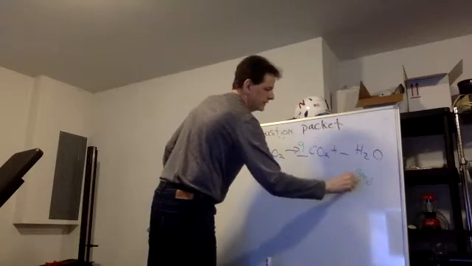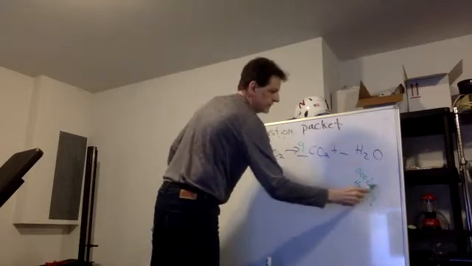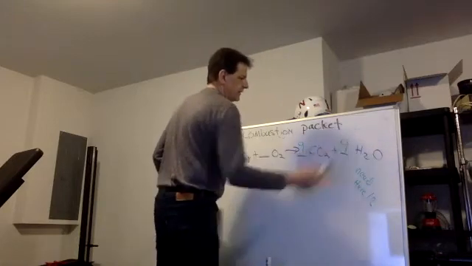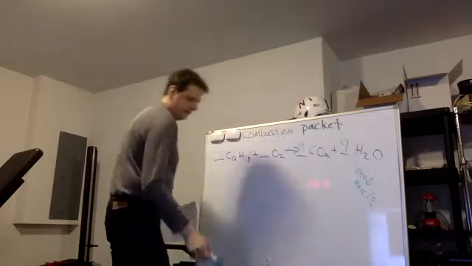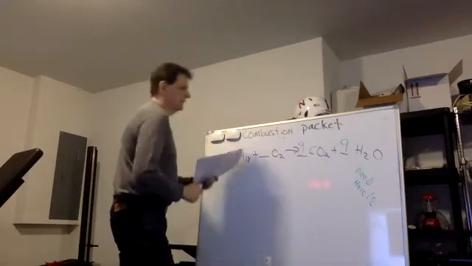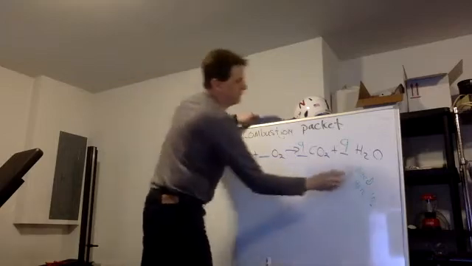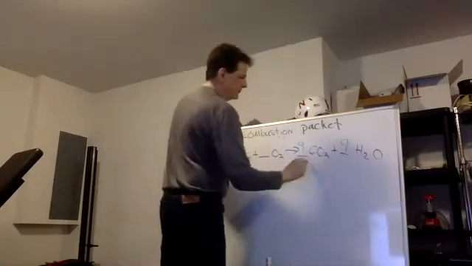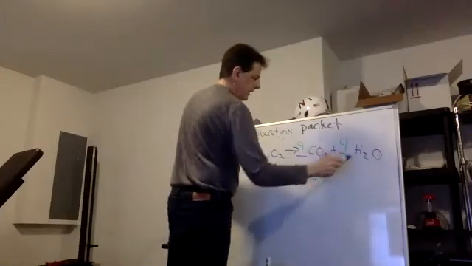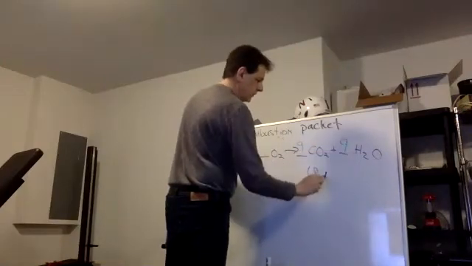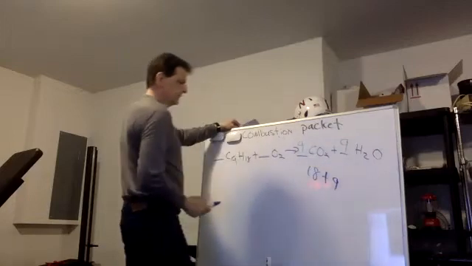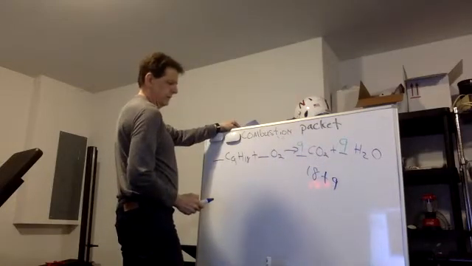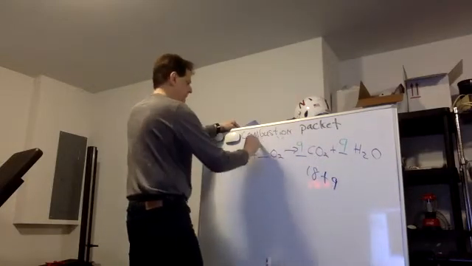Our need here is 18. 2 goes into 18 9 times, so that takes care of carbon and hydrogen. Then we do the oxygen count. 9 times 2 is 18, and 9 times 1 is 9. So we've got what there, 27.